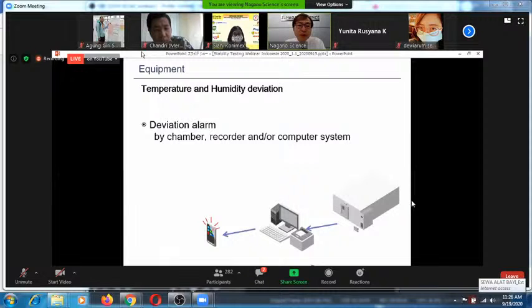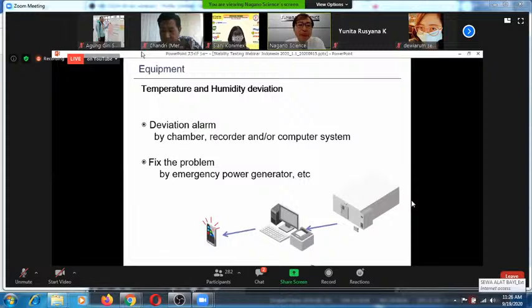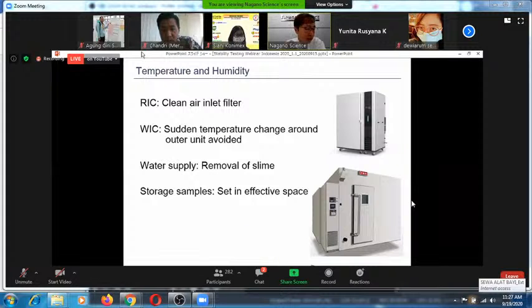And also we need an alarm if some deviation happens. The alarm should come to the responsible person directly. And we should fix the problem.